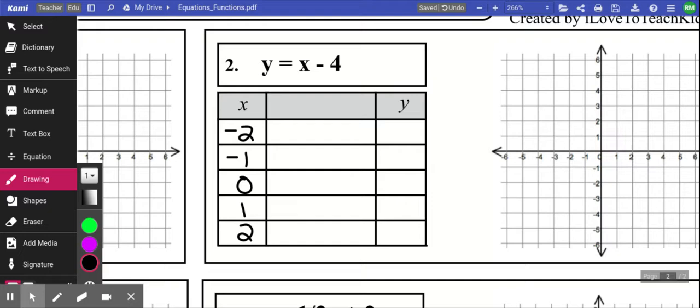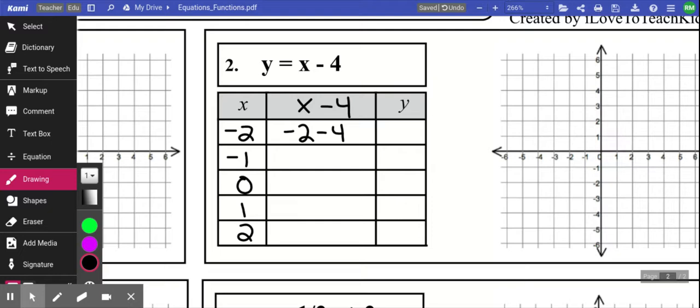So let's start. Our function here, the part that goes in the middle, is x minus 4. That is our function. So we need to plug in -2 where we see x. So this is going to be -2 minus 4.